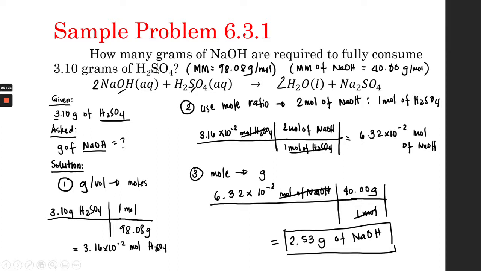You can think of it as 1 cup of flour to 4 eggs in your cookie recipe, and that 1 cup of flour and 4 eggs creates 12 cookies. In this case, there is no excess because you found enough grams of NaOH to react with all the grams of H2SO4 to create these products.